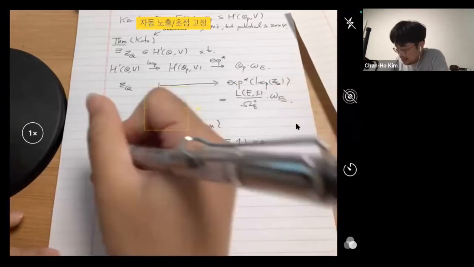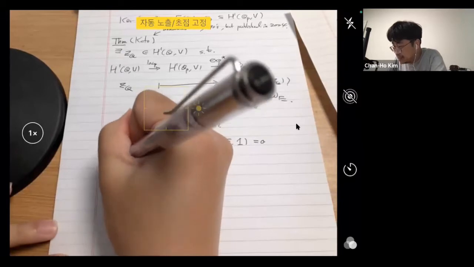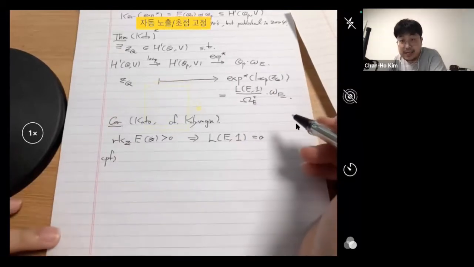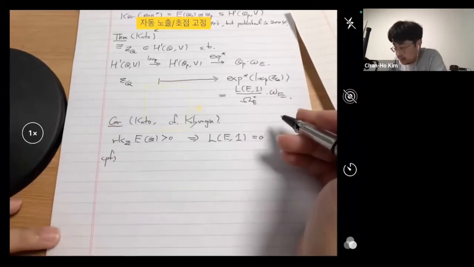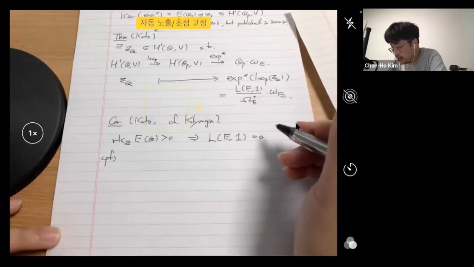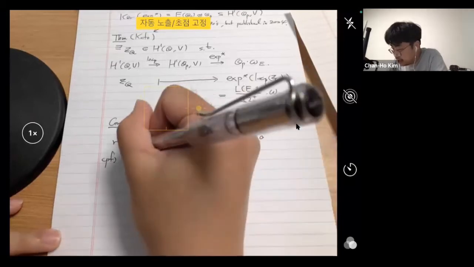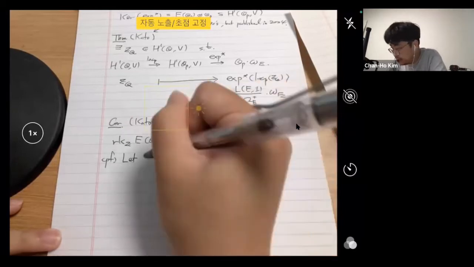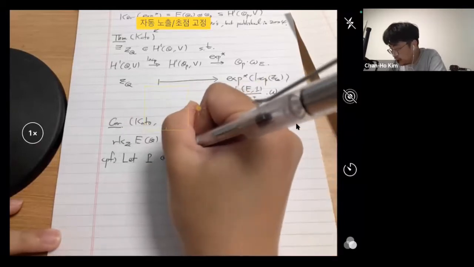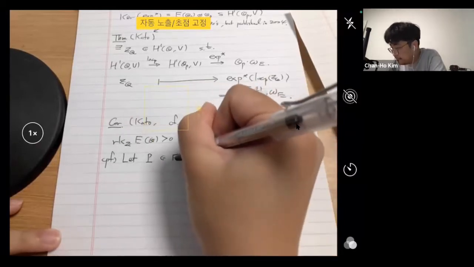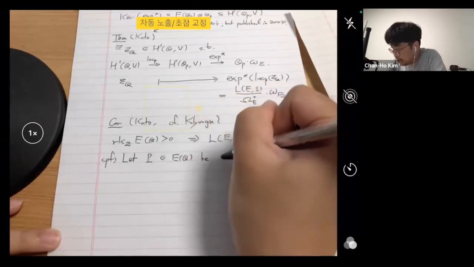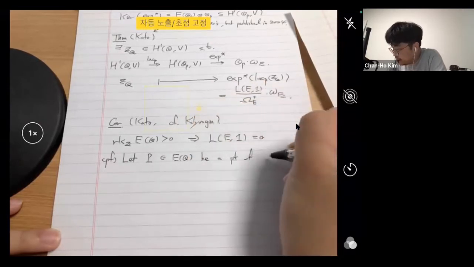Okay, with this element, we can prove this. So since I assume the rank is positive and there exists a point of infinite order, let me call it P, be a point of infinite order.